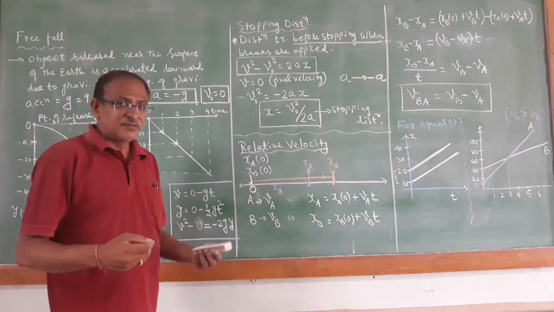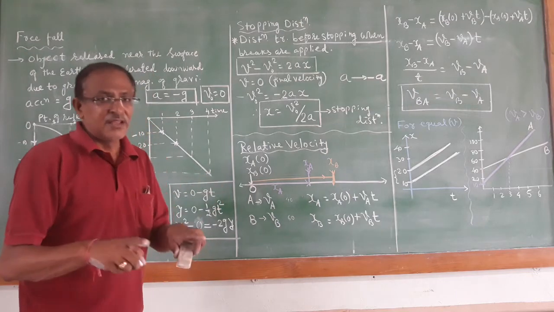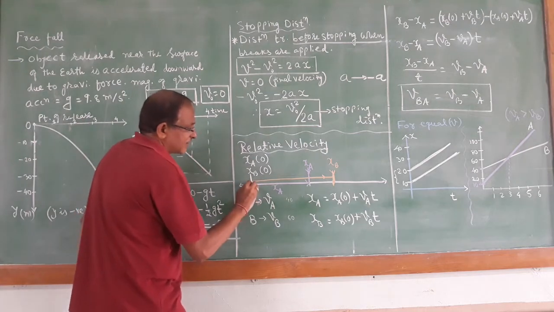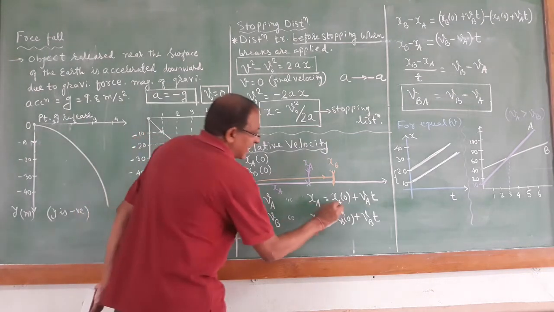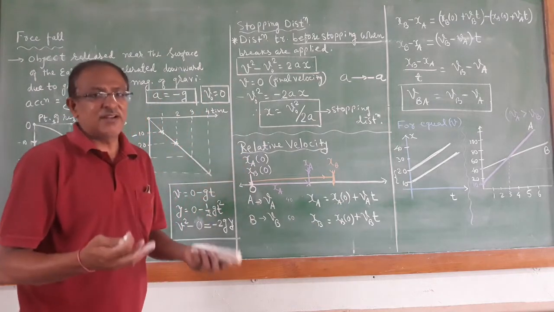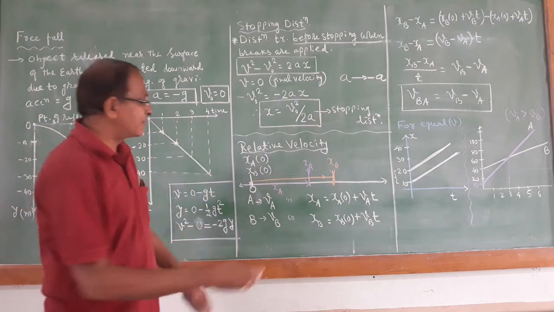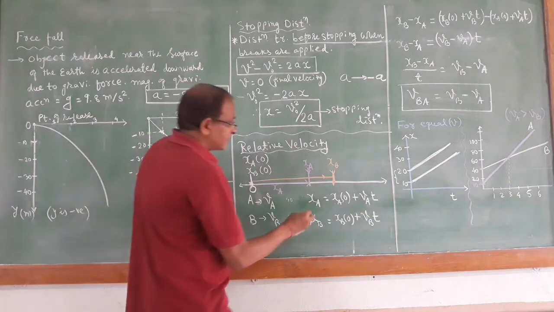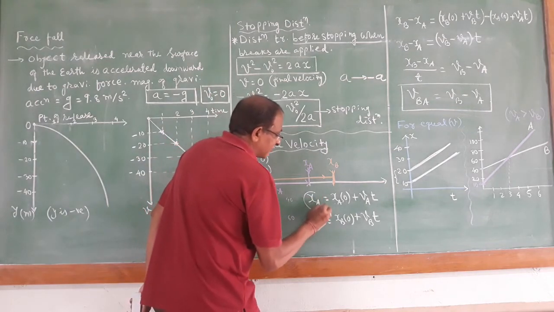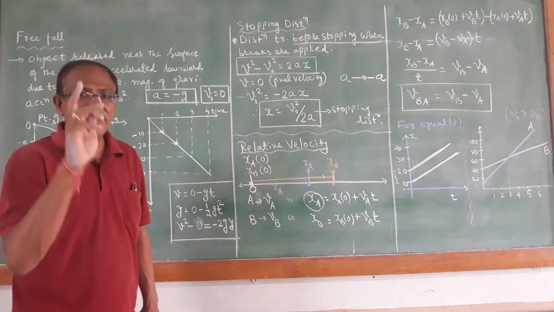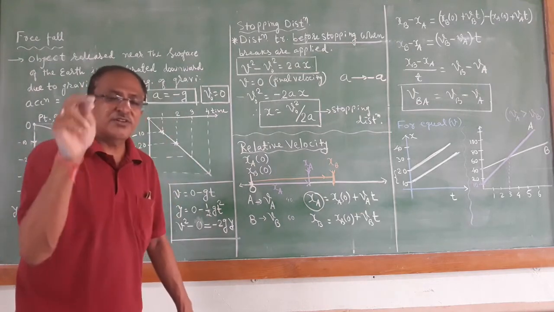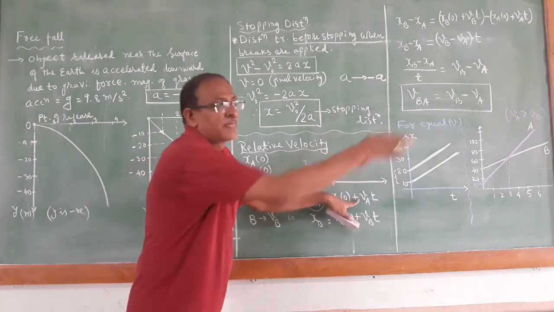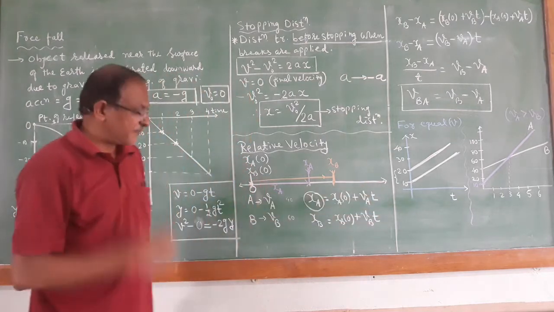Now the distance traveled by both in the same time interval t, from where they begin: the initial position for A is x0a, and the distance traveled is velocity multiplied by time, VA into t. So XA gives the position of A at time t: XA is equal to initial position plus whatever it has covered, that is VA into t.